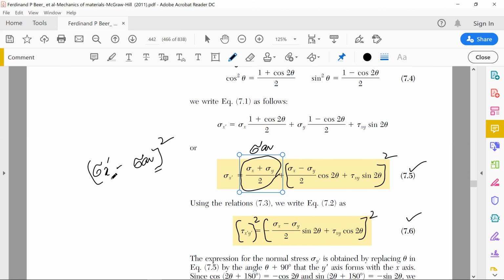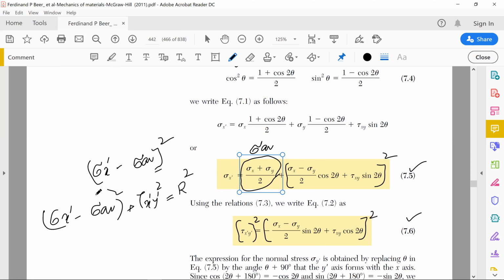He added sigma x prime minus sigma average square plus tau x prime y prime square, and by doing all the mathematics, he concluded that the remaining stuff is equal to r square. So he said sigma x prime minus sigma average square plus tau x prime y prime square equals r square.